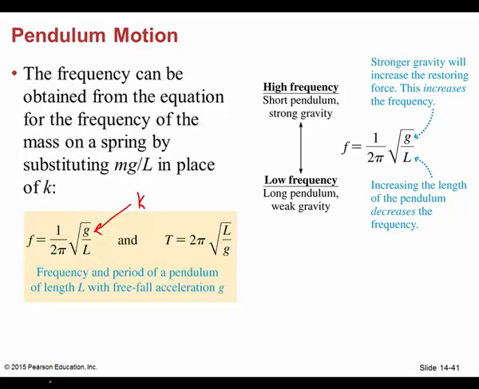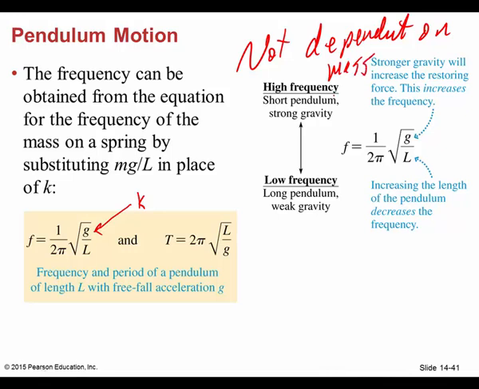Notice how the frequency of a pendulum and the period of a pendulum is not dependent on mass. Now, if you have a spring in harmonic motion, then it is. But here we just have an object hanging from a string or a wire or whatever. Notice that it is not dependent on mass.